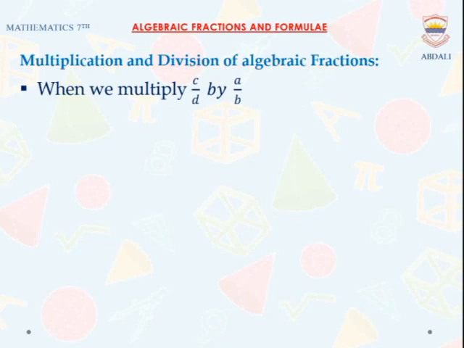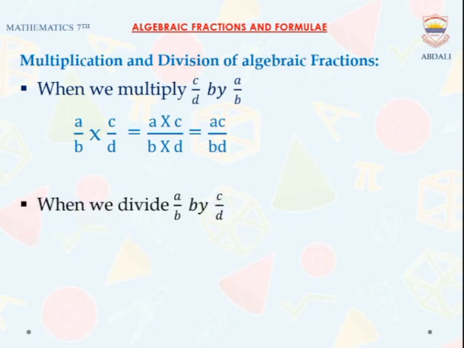So when we multiply two fractions, we will multiply both numerators and we will multiply both denominators. So a and c will be multiplied and it will give ac, and b and d will be multiplied and it will give bd. Okay.